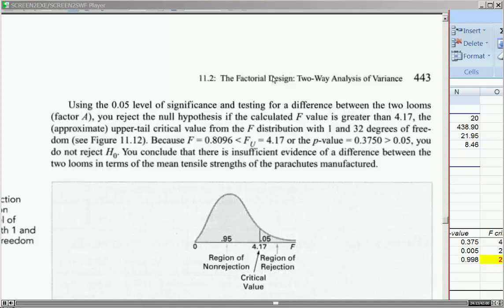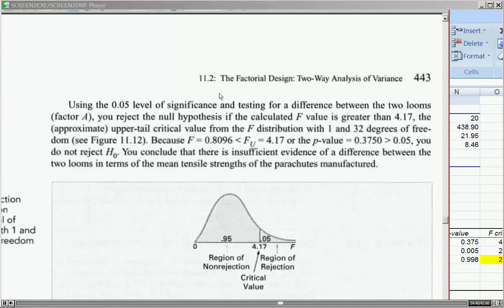Okay, if you remember, we had 2 separate null hypotheses for main effects. Although they were separate, they sounded practically the same. Null hypotheses for main effects deal with the mean values of tensile stress, and that's the test results.